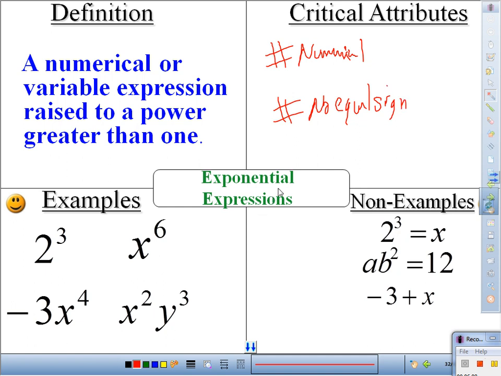An expression. That is correct. Pass to someone. Leo. Hashtag powers greater than 1. Yeah, you see how I shorthanded right there? Let's go. Pretty good? Yeah?